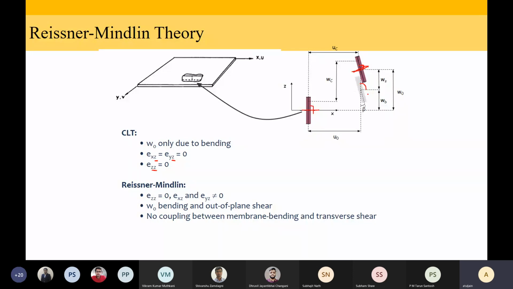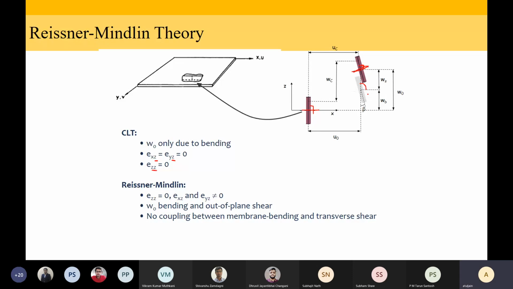In our course, we only learned first order shear deformation theory, but using theories such as Reissner-Mindlin theory, you can also go for second order, third order, fourth order shear deformation theories. And then based on these theories, you will be able to calculate the out of plane shear or the shear stresses in the core of a sandwich material.